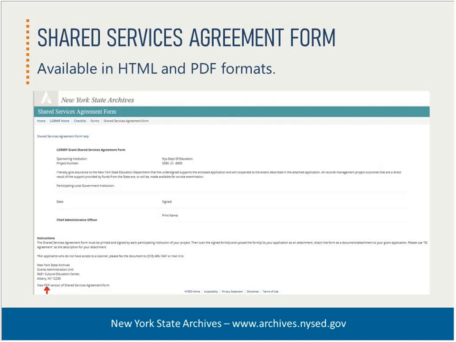It can be found in the same initial application menu as the previous forms and is available as an HTML file on the form's landing page or as a PDF file if you click the link in the lower left-hand corner. Shared services agreement forms should be returned to the lead applicant so that they can scan and upload the agreements to their eGrants account.